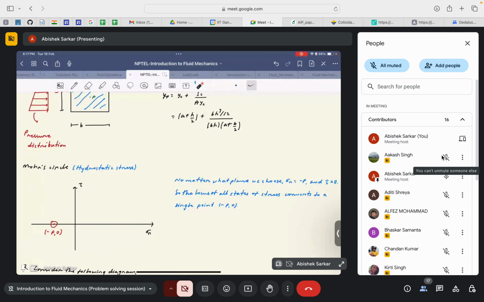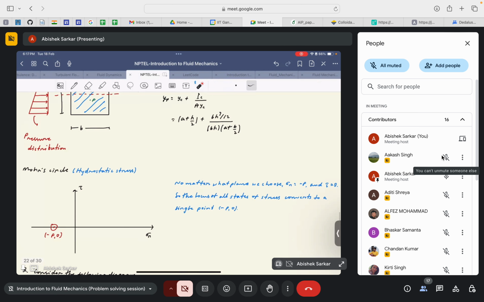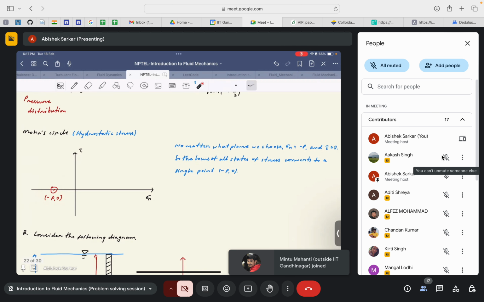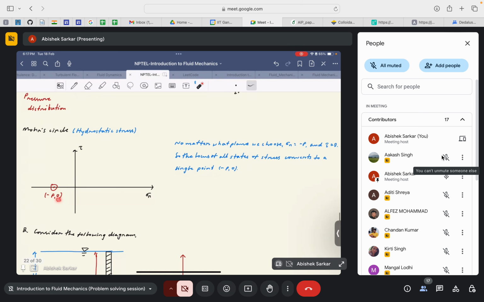Similarly, in this case the only stress that acts is the compressive stress because of pressure, so the Mohr circle just shrinks down to a point. Since it is a compressive stress, it will be negative, so it is given as minus p, 0, the 0 implying that there is no shear stress that acts in this particular case.